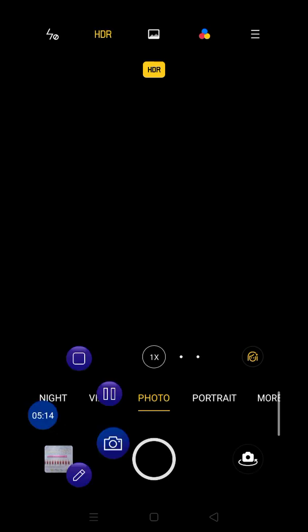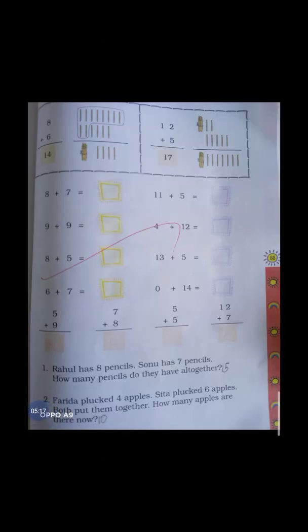Here we need to add 8 plus 6. See the picture? First we have 8 sticks. Then we have 6 sticks. We need to make a 10 first. So 8 plus 2, we will get 10.